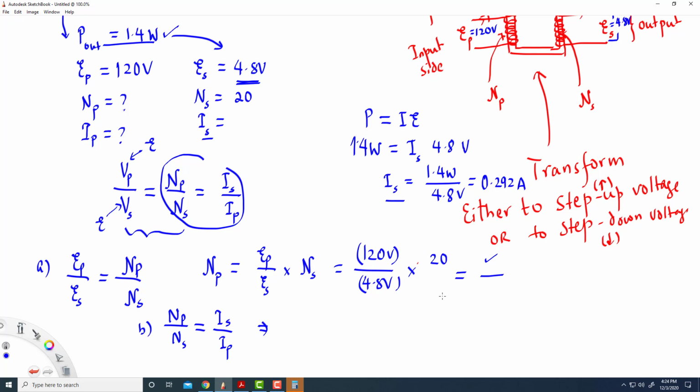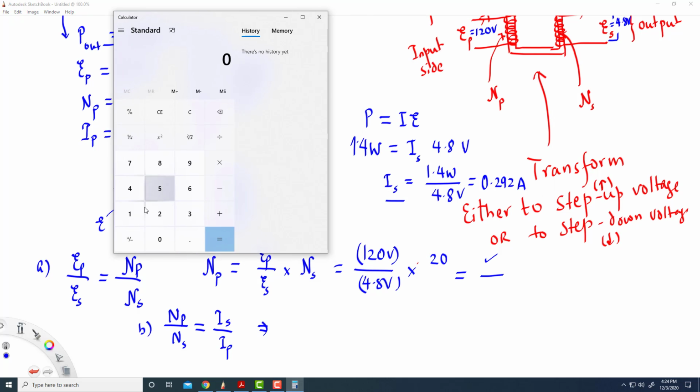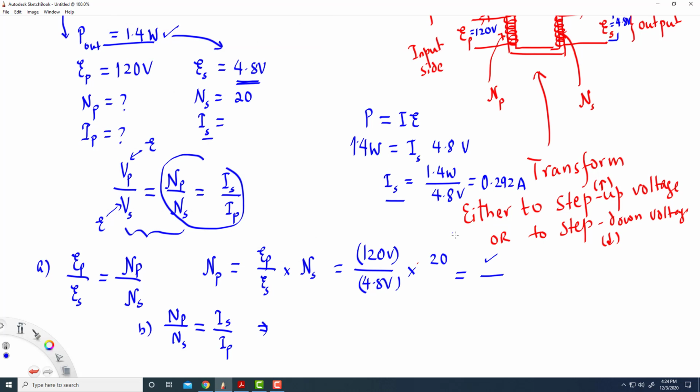So let's see what that is. 120 divided by 4.8 times 20, that's 500. So NP is 500 turns.